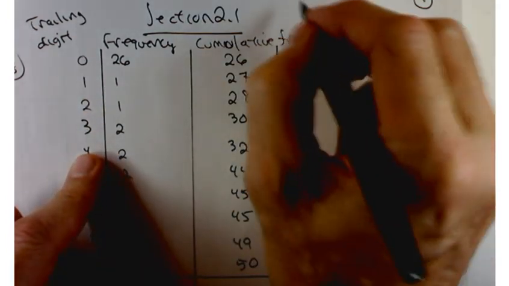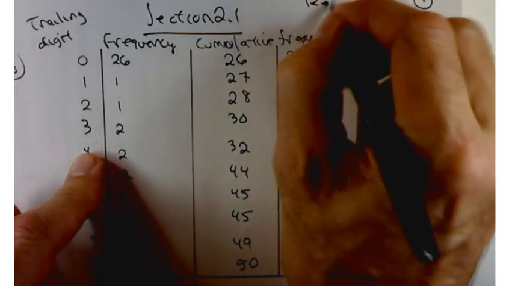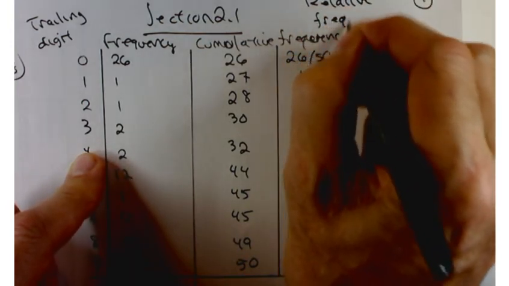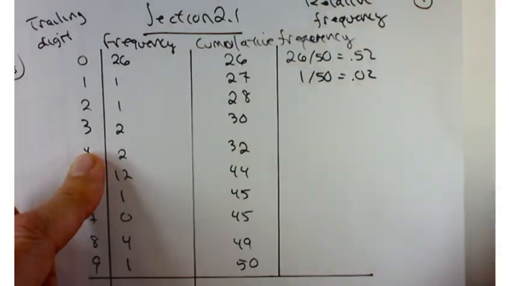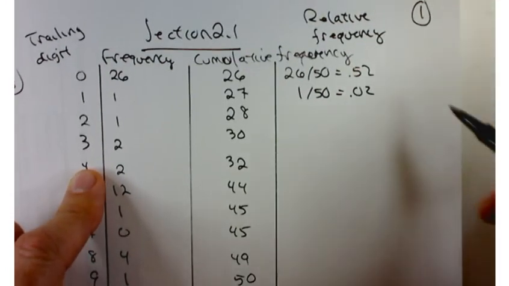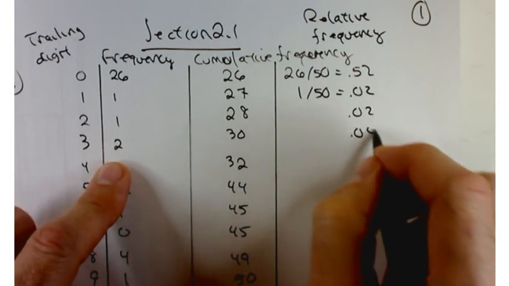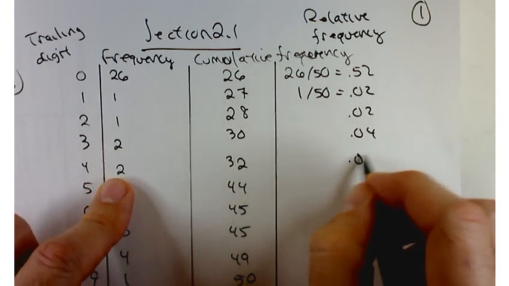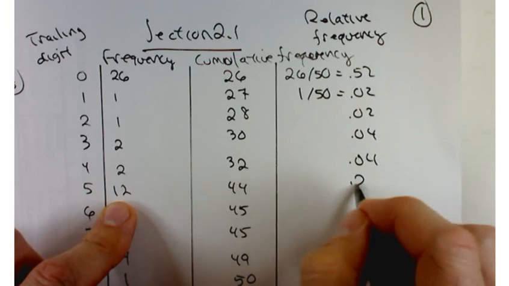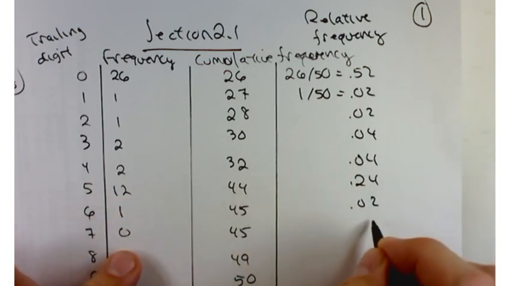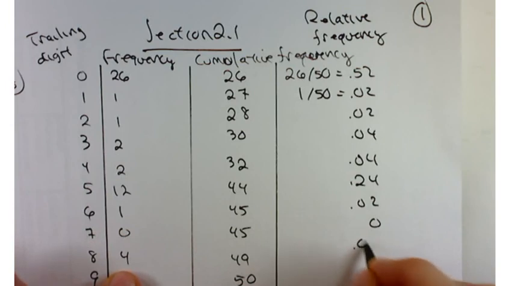So this next column is going to be the relative frequency. And so on. I've got another 0.02, and then a 0.04, and then a 0.04 again, 0.24, 0.02, still 0, 0.08, and 0.02.